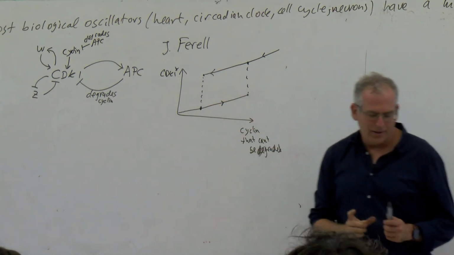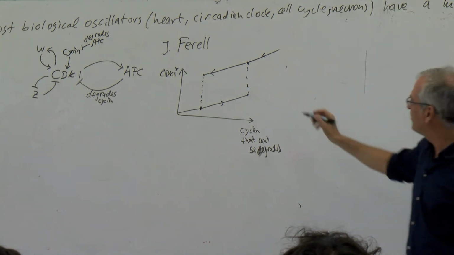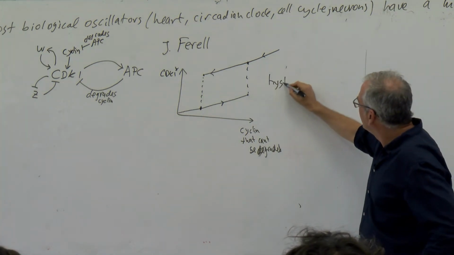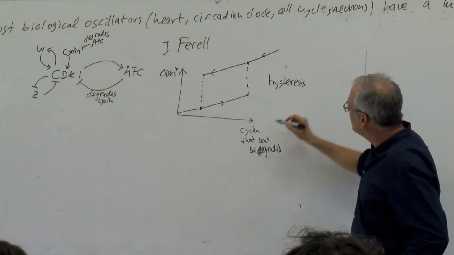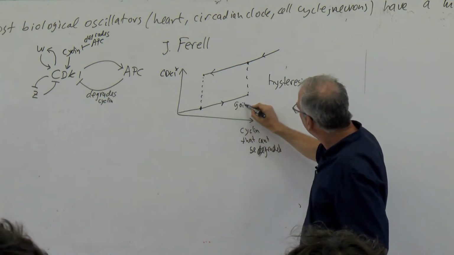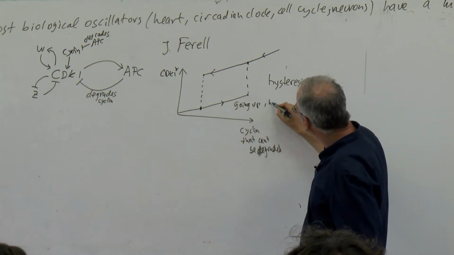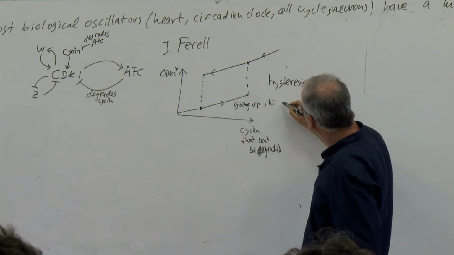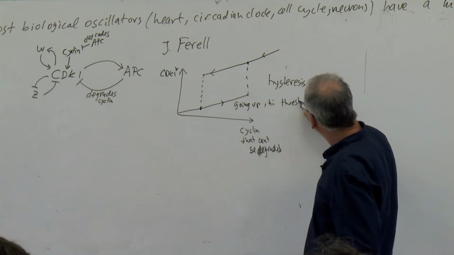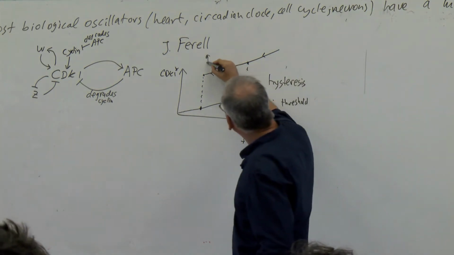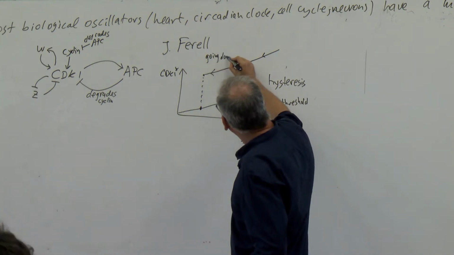So this bistability creates a phenomenon called hysteresis, which means that when you're going up, you have a high threshold. And when you're going down, you have a low one.